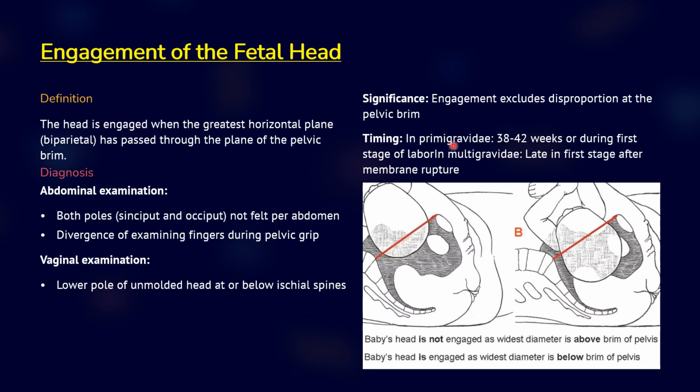In primigravida, you need to check when the mother is at 38 to 42 weeks, anytime in between, once the mother is in her term pregnancy, or during the first stage of labor. Okay, and in multigravida, when do you do it? Late in the first stage after the membranes have ruptured.